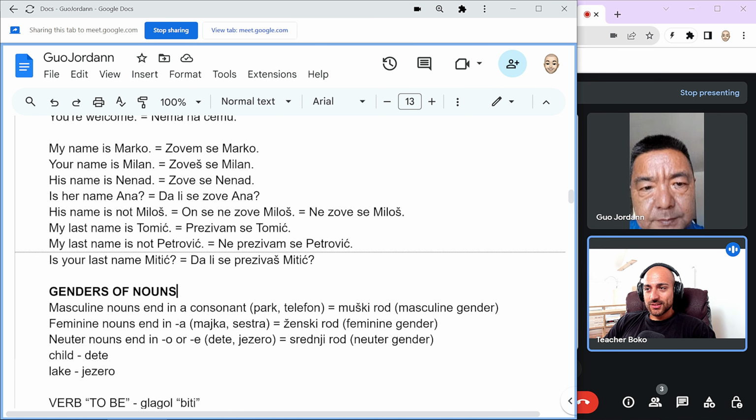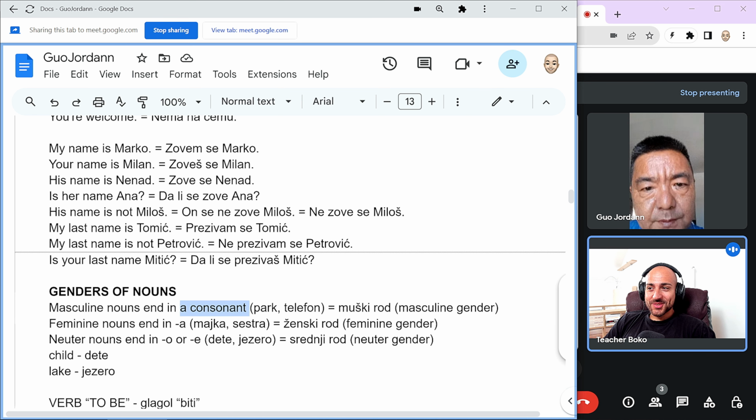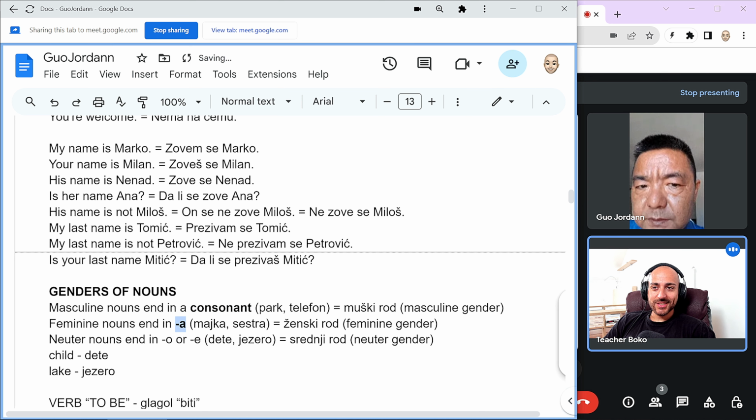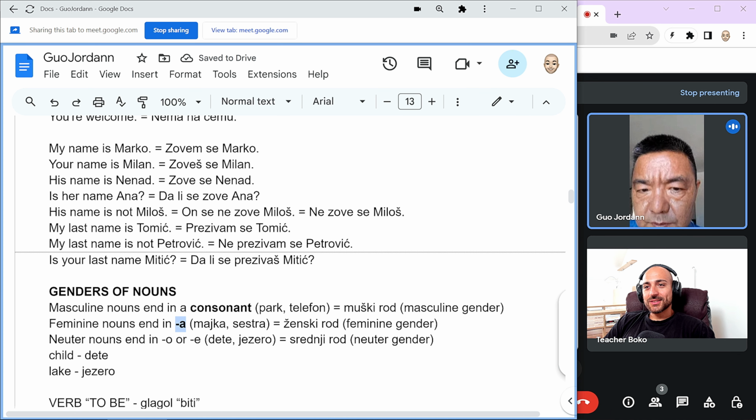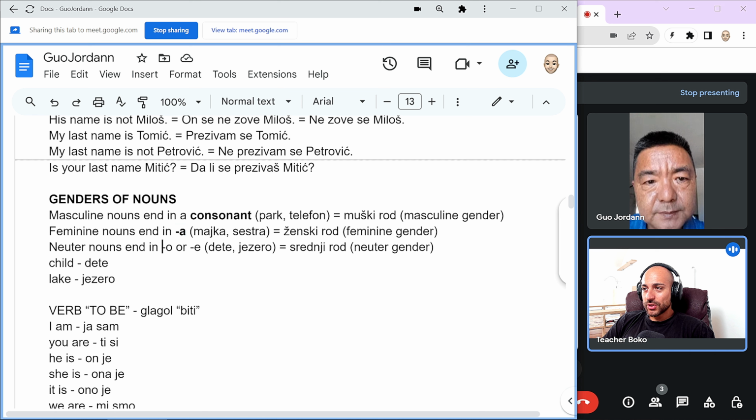So we have three genders just like in Russian: muški rod, ženski rod, srednji rod. I don't really know Russian, so I'm just going to tell you quickly. If the word ends in a consonant, that's muški rod, like park, telephone. If it ends in a, like majka, sestra, voda, that's ženski rod. And if the word ends in o or e, that's neuter, srednji rod.